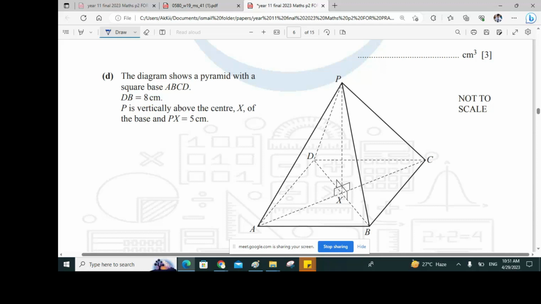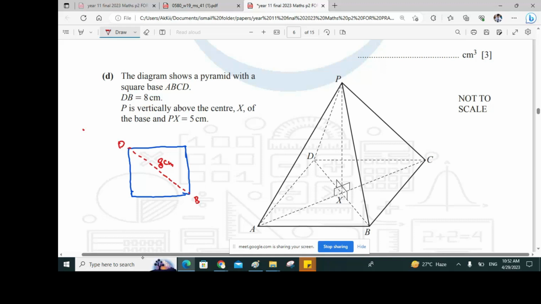Now for your understanding, if I see this from the top, it will show me a square base like this, and the middle side, that is DB, if I take this D, this is B, so this DB is 8 centimeter. And P is vertically, obviously, above X.